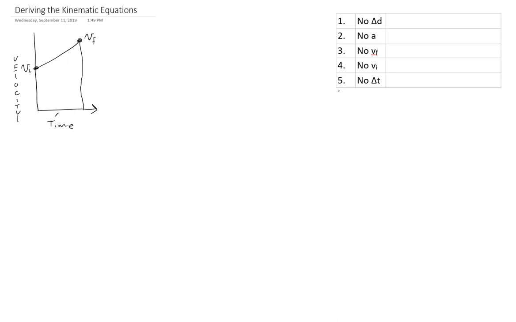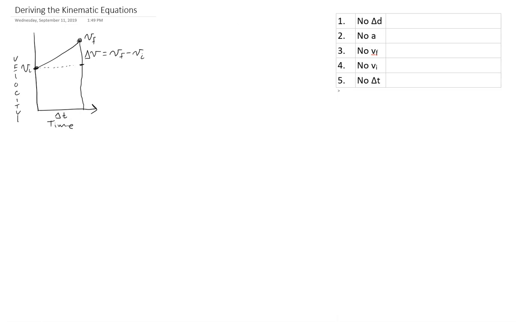Now, the amount of time that takes is my change in time. So from this time to this time is my change in time. And you'll also notice here, this height on the velocity to this height is going to be my change in velocity. How much does my velocity change? And my change in velocity can be found by taking my final velocity minus my initial.